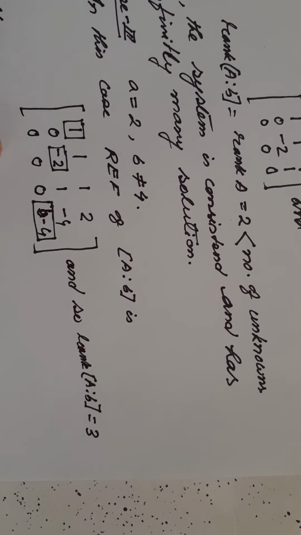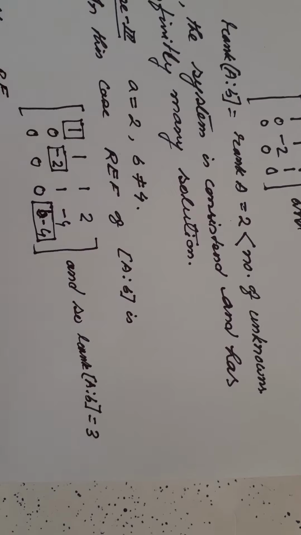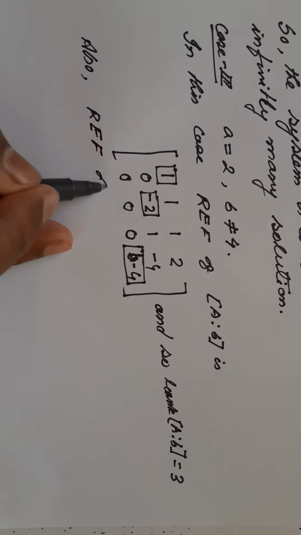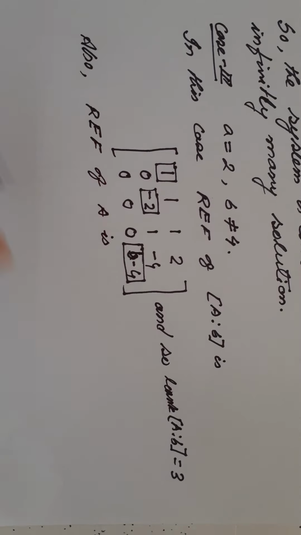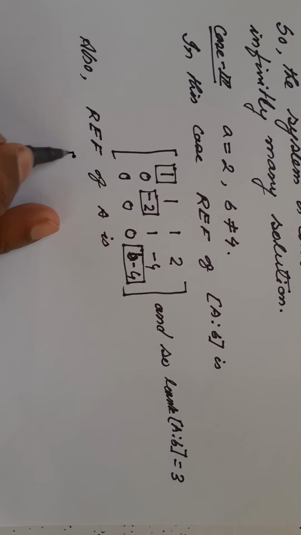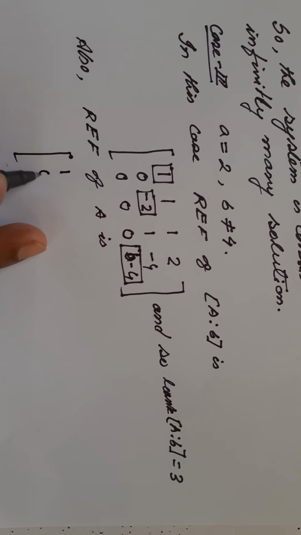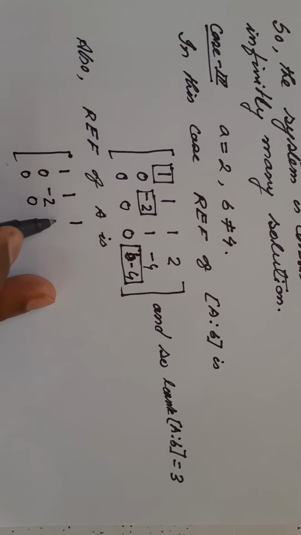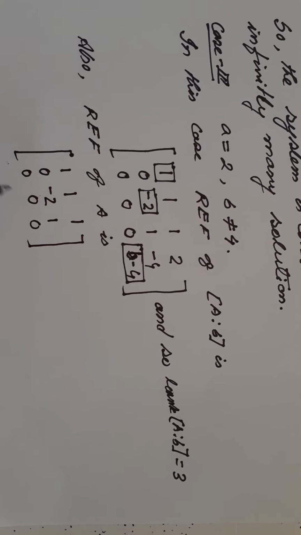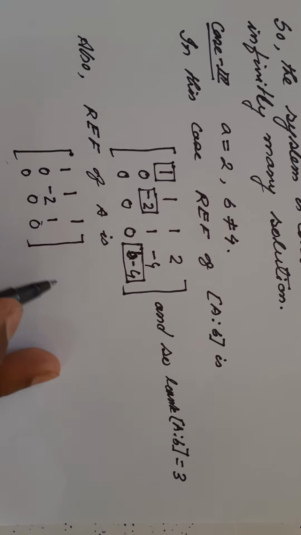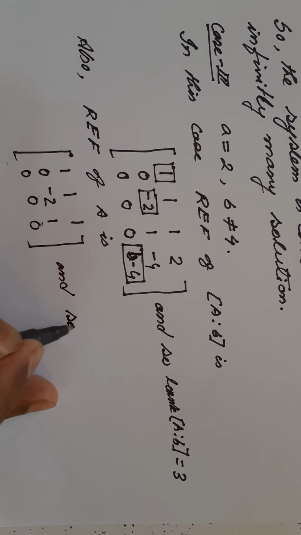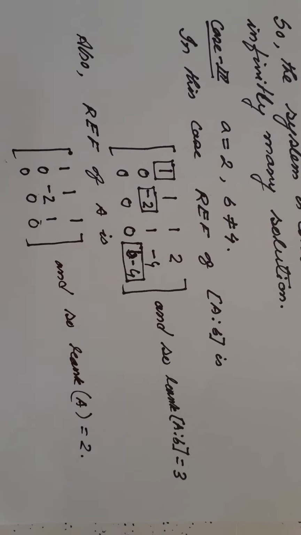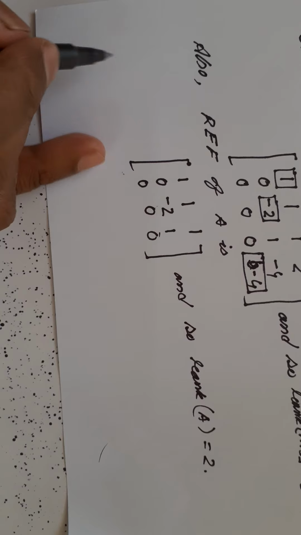Also, REF of A is the first three columns: [1, 1, 1; 0, -2, -1; 0, 0, 0]. Now look at this matrix. You have two non-zero rows here, and so rank of A is equal to 2. So what is our conclusion now?